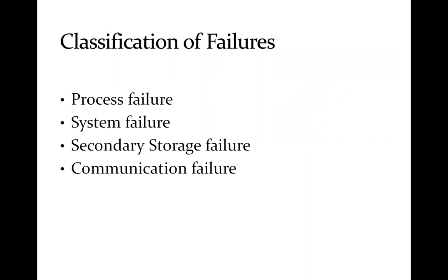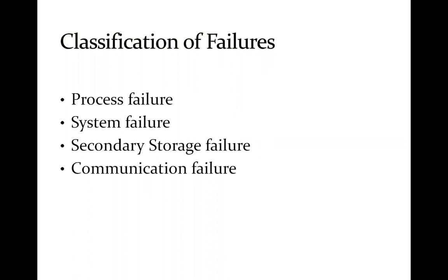Now, there are different kinds of failure which can occur in a distributed system, and we can classify the failures into 4 parts. The first one is process failure, in which the process is going to fail. The second one is system failure, in which the system is going to fail. The third one is secondary storage failure, in which we are not able to access the secondary memory, which holds data that should be available to the users, clients or processes whenever it is required.